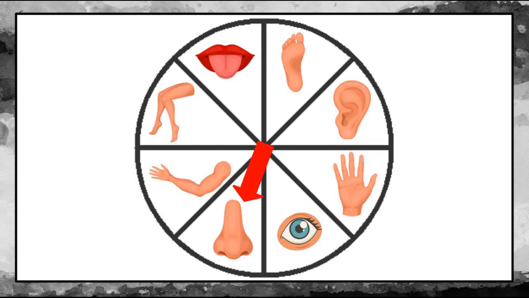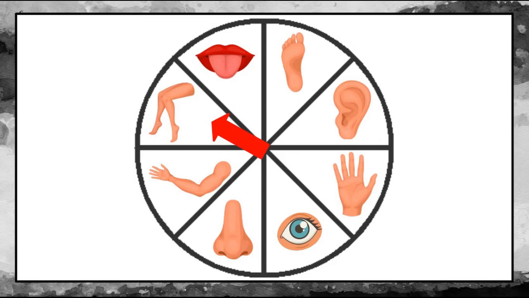Are you ready for the next one? It landed on an eye. I'm going to give you 5 seconds to make a sentence with eye. Let's spin it again. Oh, I see it landed on legs.